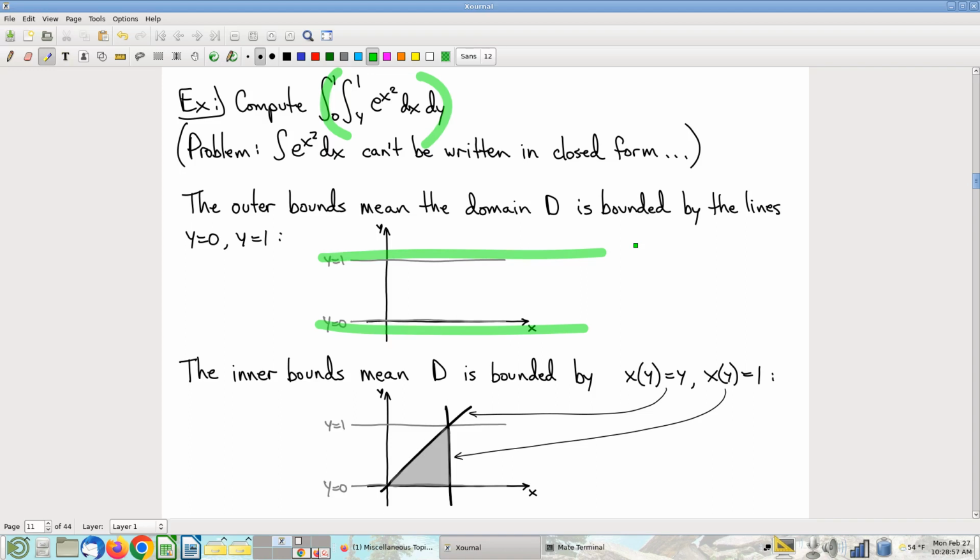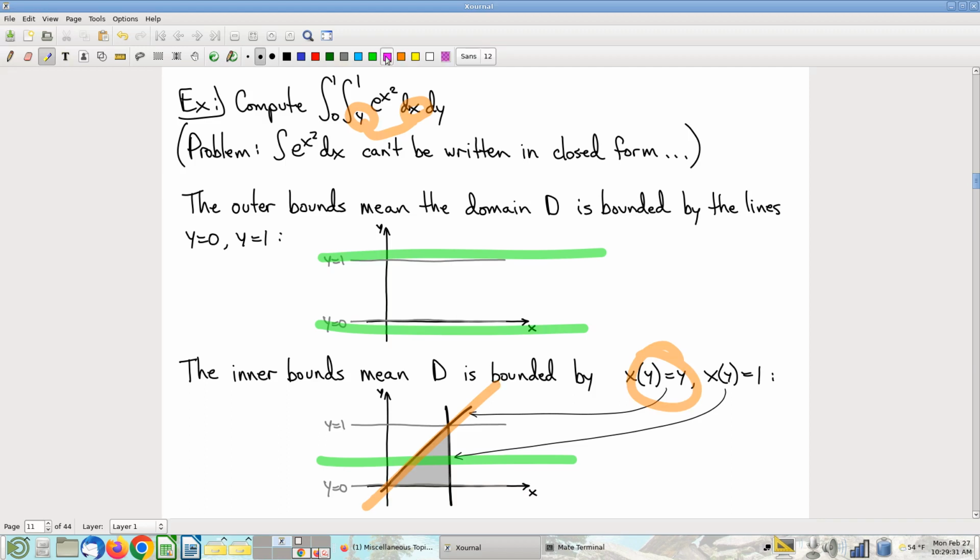Next, for any given value of y, in orange, the lower bound is where x is equal to y. That must have come from the curve x equals y. It says so right there.